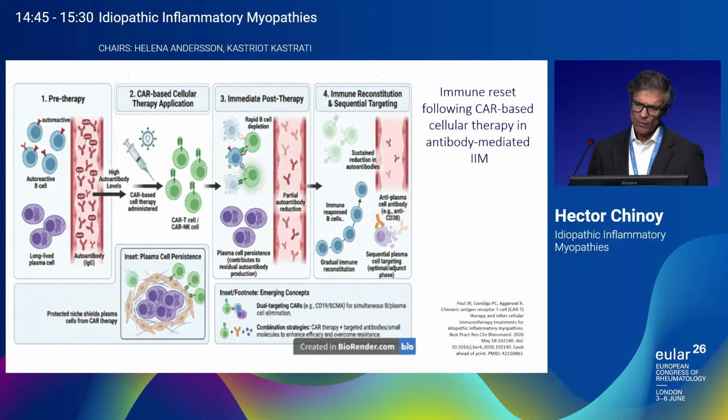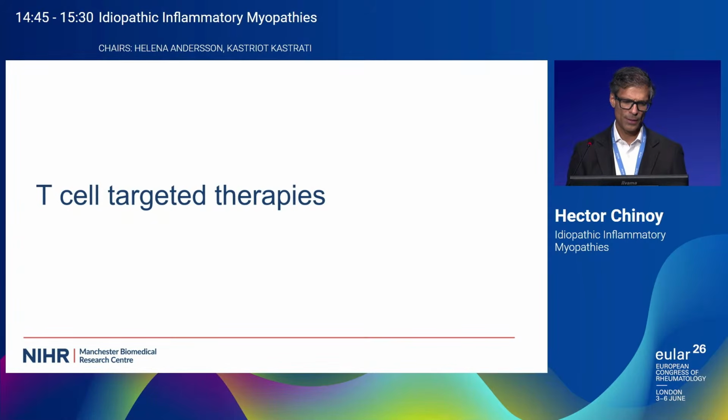So this is a lovely review that was published again by Rohit last month. And then the other philosophical question is what do you actually do with these patients afterwards if they're failing these experimental therapies? And I think there's going to be a talk about that tomorrow.